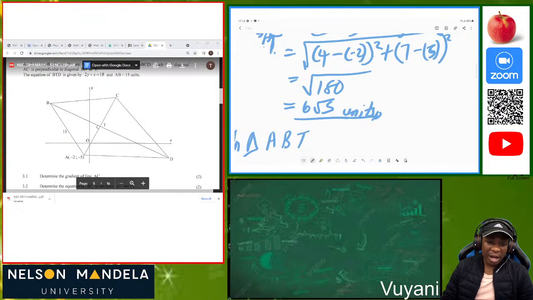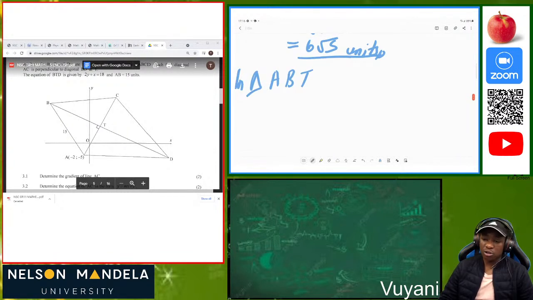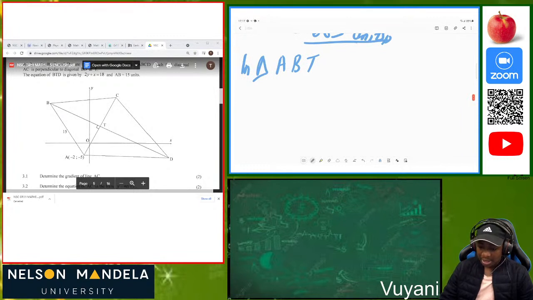Now in triangle ABT, I want to determine the length of BT. How are we going to do that? We know that it's a right angled triangle. So since it's a right angled triangle, we can apply the Pythagoras theorem. The Pythagoras theorem says that AB squared is equal to BT squared plus AT squared.